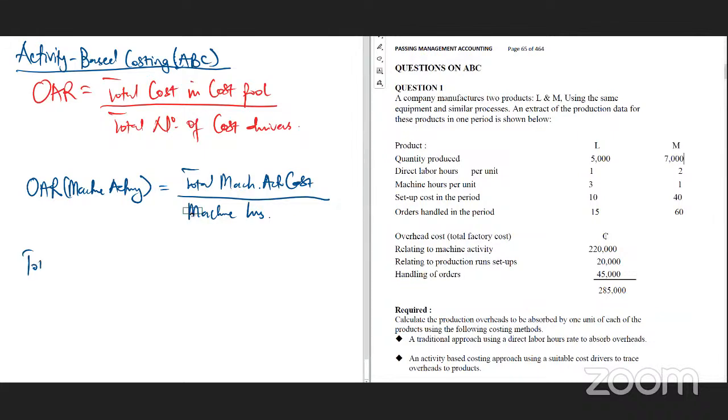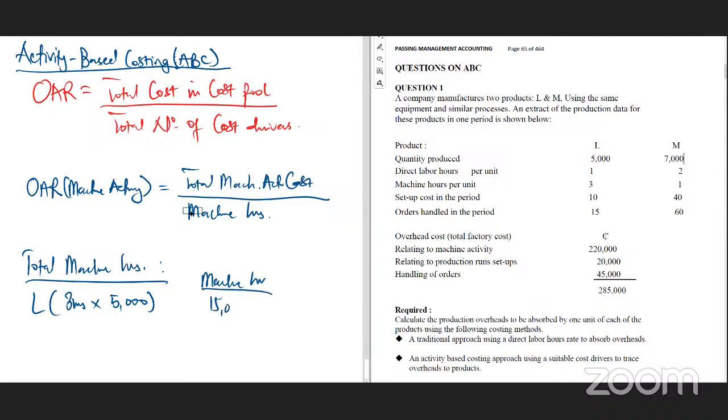So let's get our total machine hours, right? So anytime it's in per unit, you have to work for it. So we have product L. How many machine hours were used? 3 hours were used, right? But how many units were produced? Is it not 5,000? Yes. So at the end of the day, the total machine hours for this product is going to be what? That is about 1,000 machine hours.